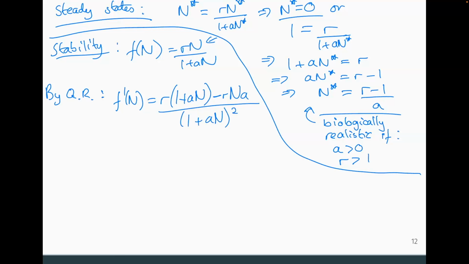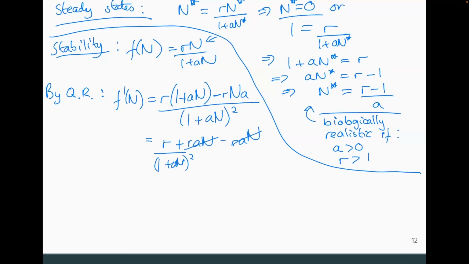So we can expand the numerator out. We're going to have an r plus ran minus ran. So this is going to cancel with this. We'll just be left with r over 1 plus an squared. So we found the derivative of our growth function, and that's for a general value of n.